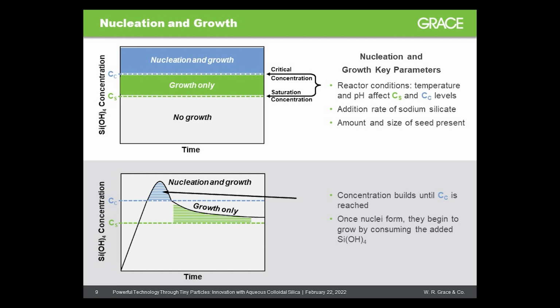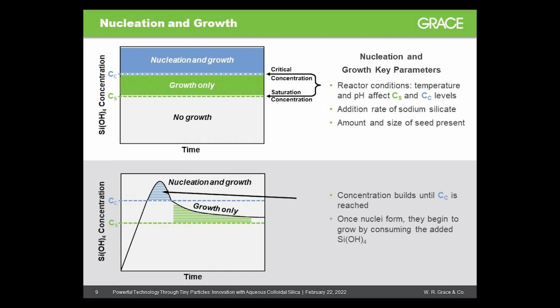Below this critical concentration for nucleation, but above the solubility limit, particle growth occurs without additional nucleation. Finally, the particle growth largely stops when the silicic acid concentration is below the equilibrium solubility limit.